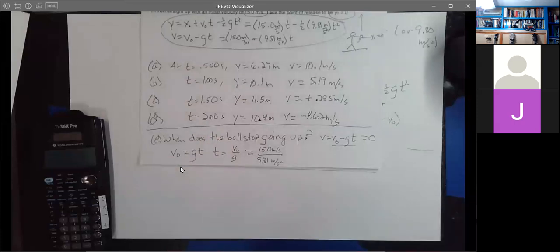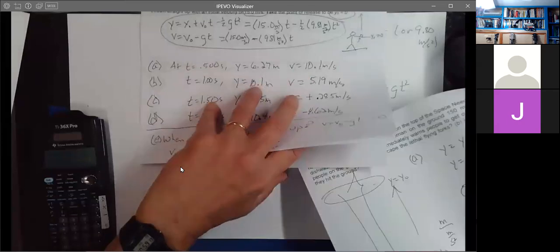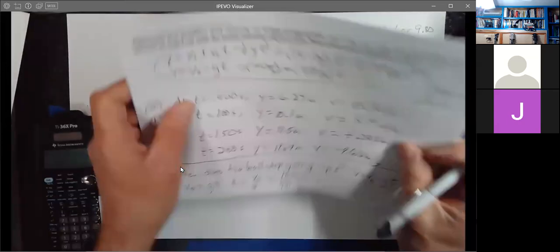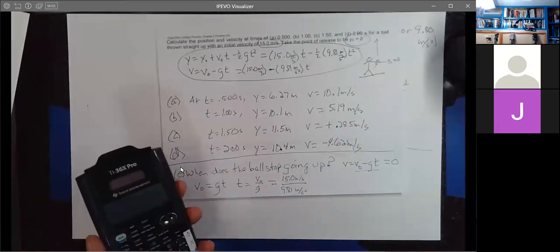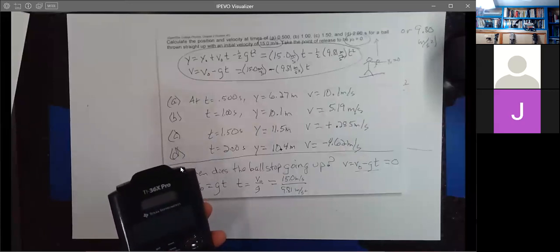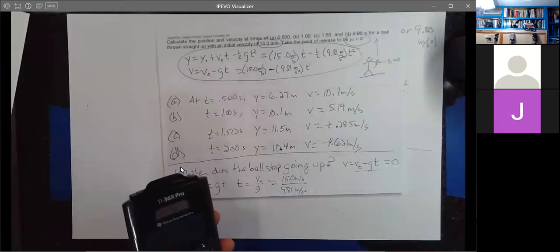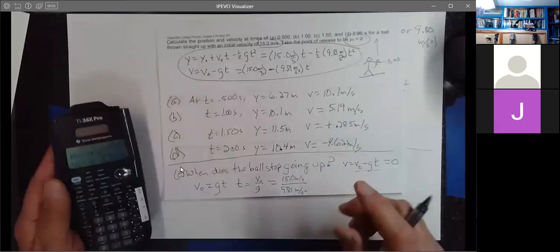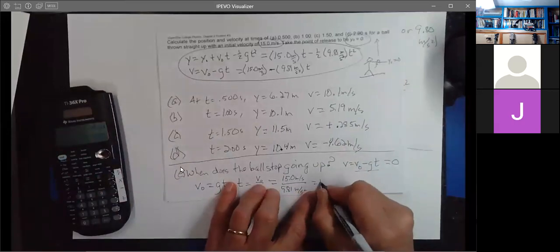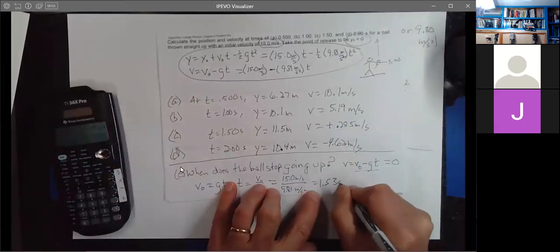Then I just plug in the numbers. So let's see what we get. 15 divided by 9.81, and I get about 1.53 seconds.